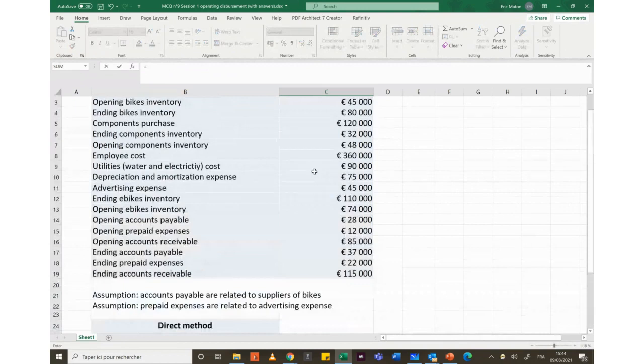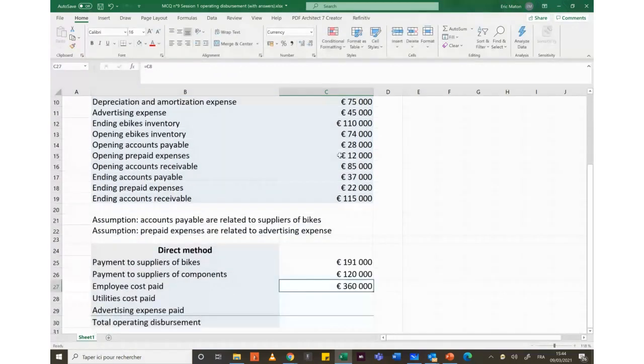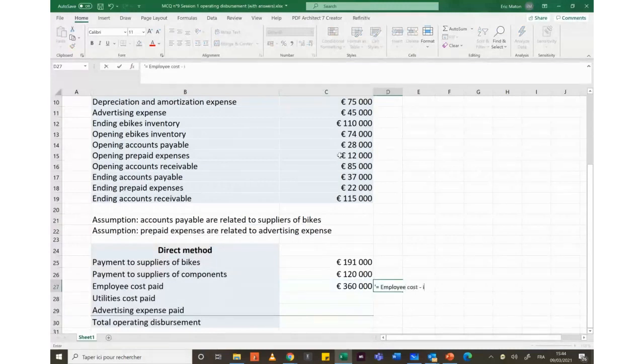I have no information about social benefits liabilities, so I put directly. So normally for this one is equal to the employee cost minus the increase or plus decrease in social benefits liabilities.